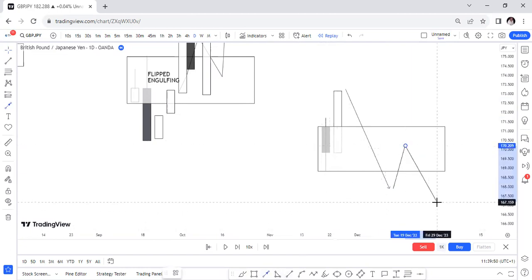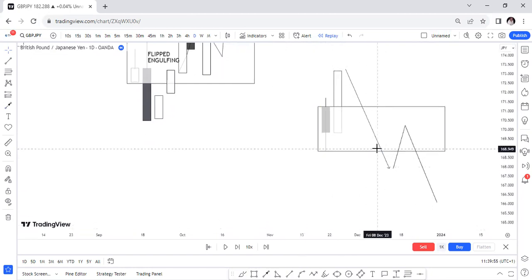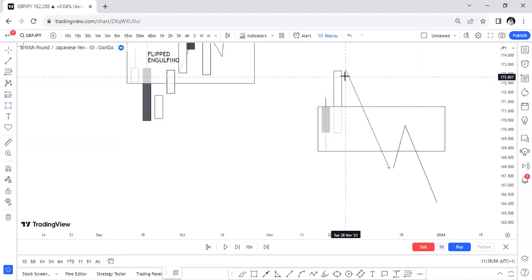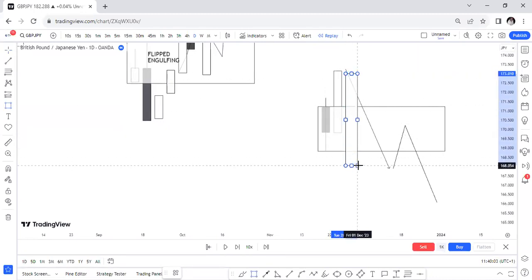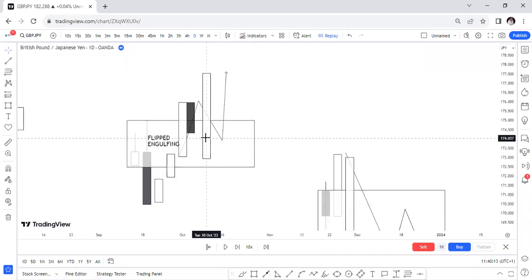So once it fails, you have a breakout, a candlestick that takes out the low of this engulfing. The low of this zone is taken out with a close below it, not with a wick. Please note that, not with a wick.